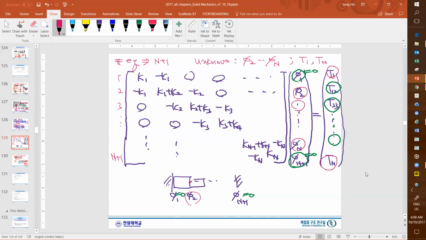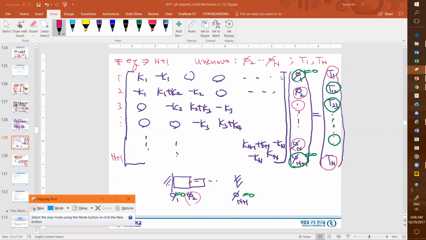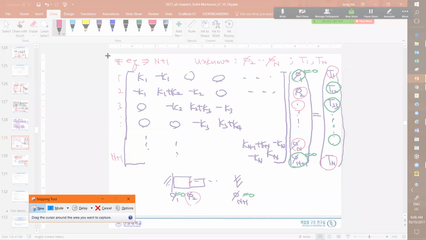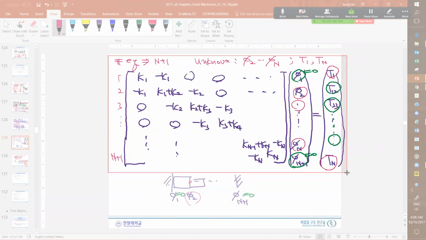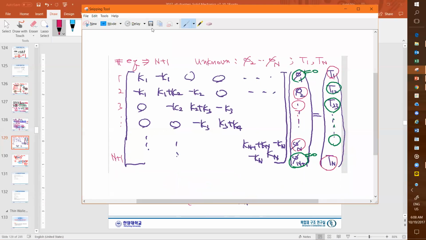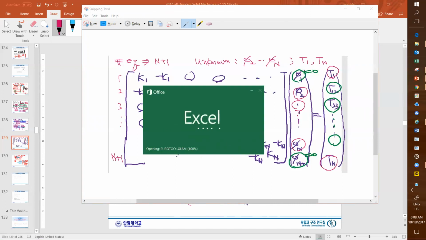But this is one very typical way of solving the procedure in matrix form. This procedure is very useful, so you learn this procedure for your reference, okay? Now I'm going to open the Excel and try to solve this one.